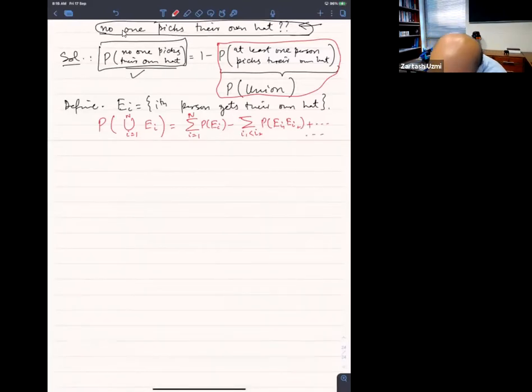So first of all, when you have capital N people and you have N hats, what is the total number of elements in the sample space? You have N people and N hats. Everyone can pick any of the hats.